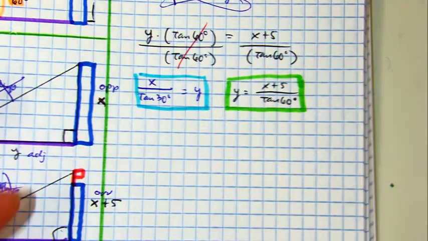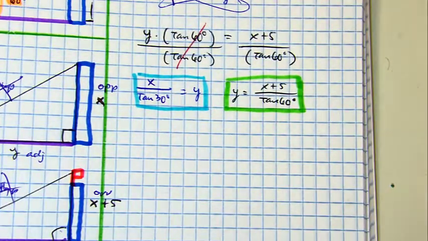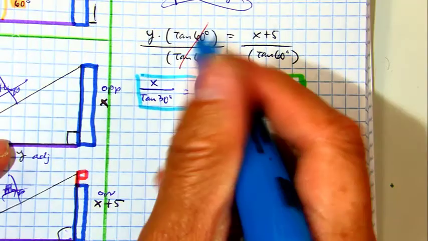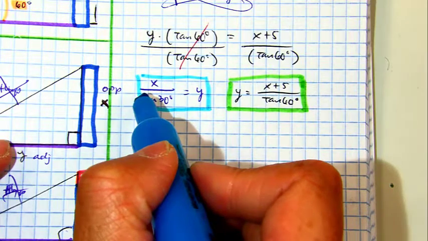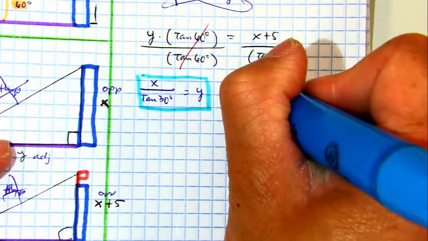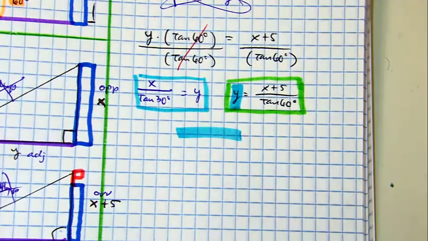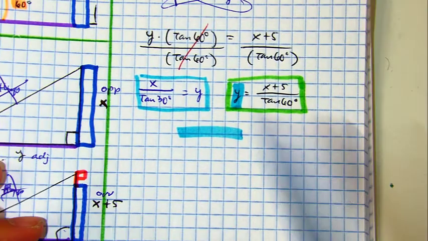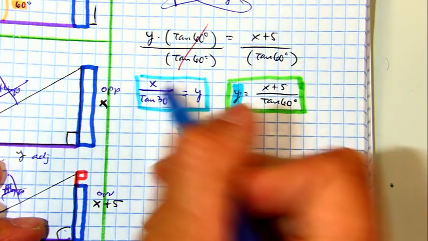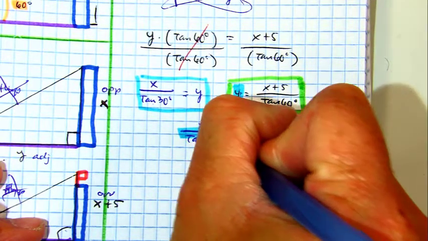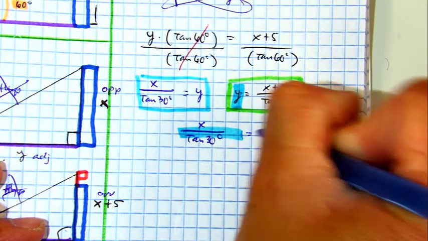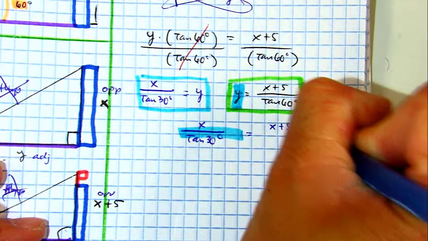Basically what I'm doing here, in this blue here, I have y equals all of this, right? So if I see y, I can put y equals x over tangent of 30. Everyone say substitution. Substitution. That was my substitution.